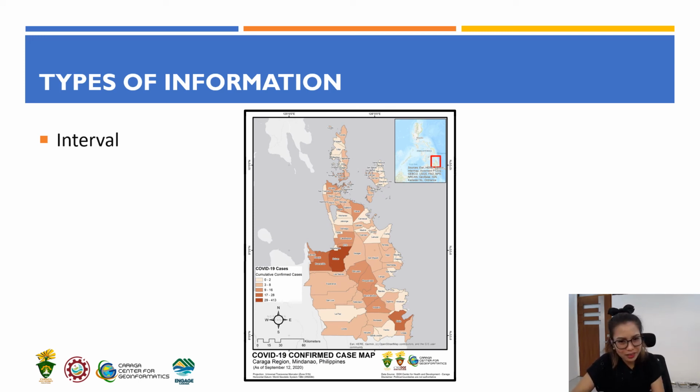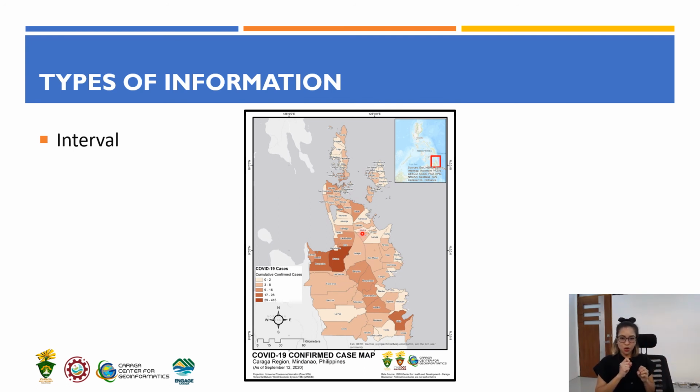Here, cumulative confirmed cases. So this is the COVID-19 confirmed case map. I think the researchers gathered data, and what are these boundaries? Are these barangays or cities? It's the Caraga region, so we expect these to be boundaries of municipalities or cities.